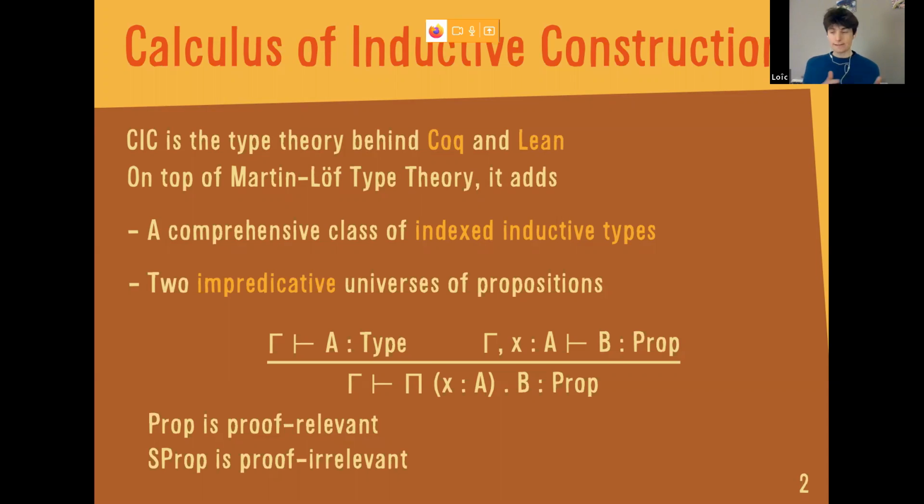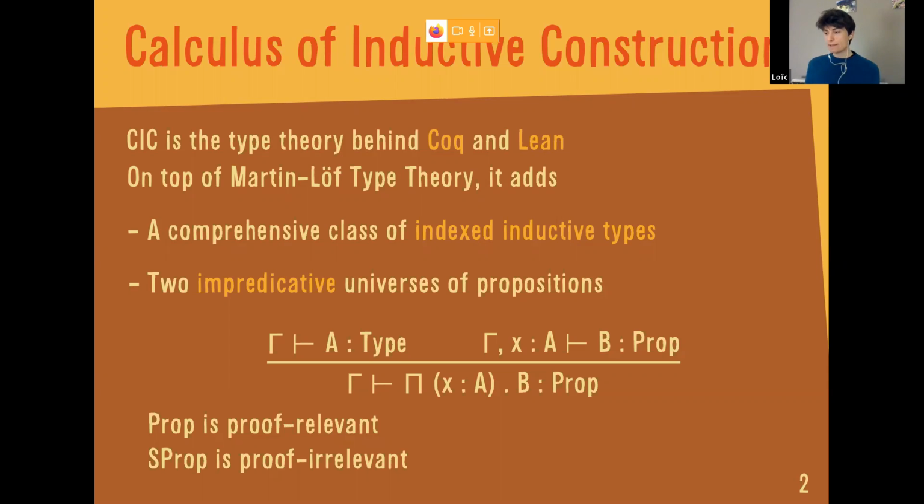The second major feature of the calculus of inductive constructions is a bit more discreet at first sight, in that a new user of type theory will tend not to think about it too much, but it hides a tremendous amount of expressive power. I am, of course, talking about the impredicative universe of propositions.